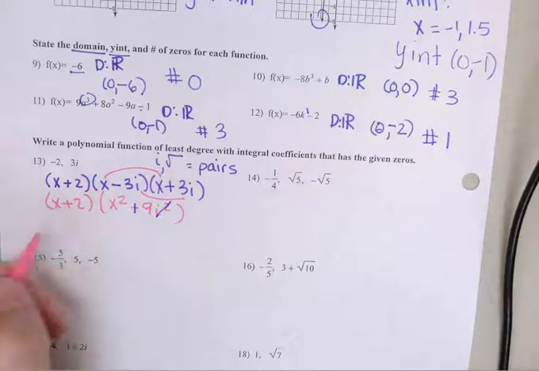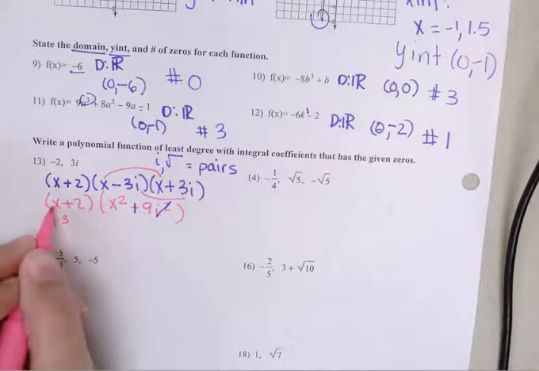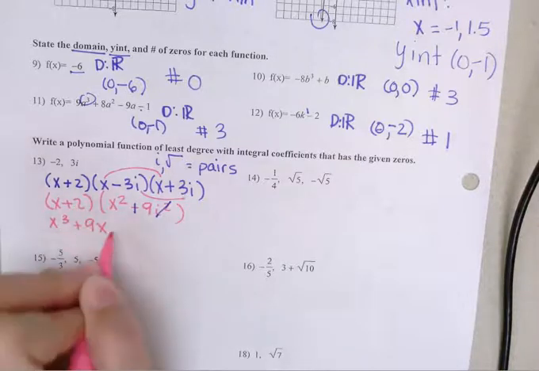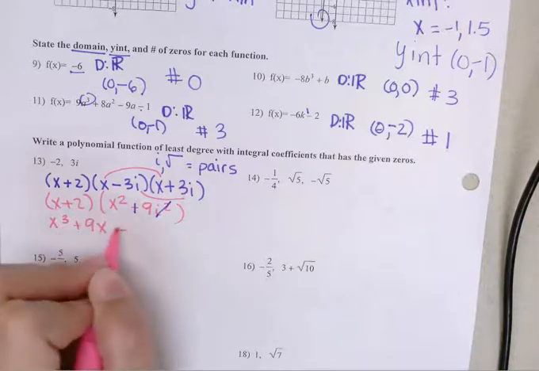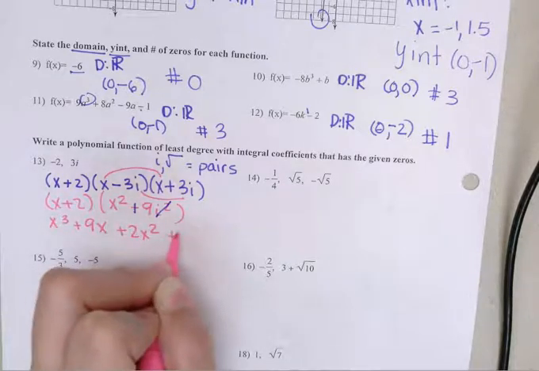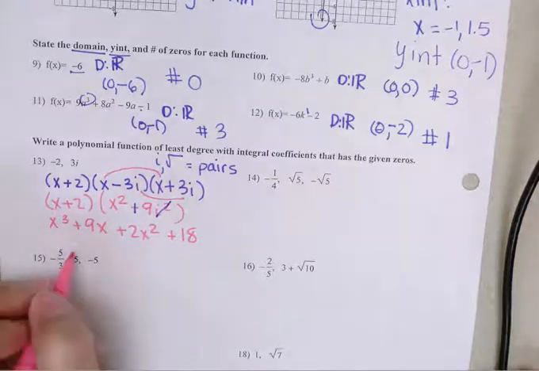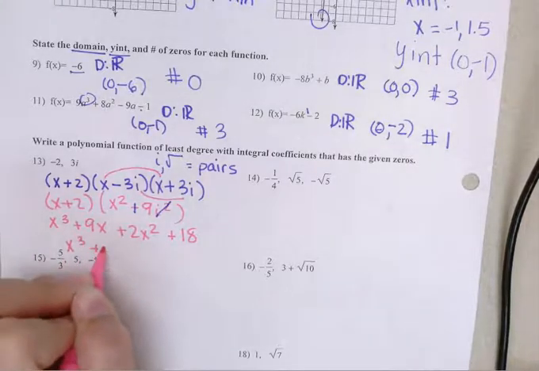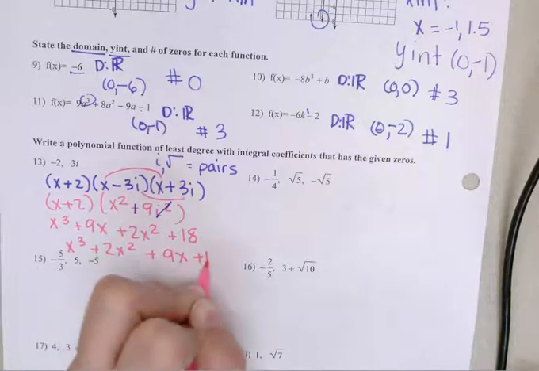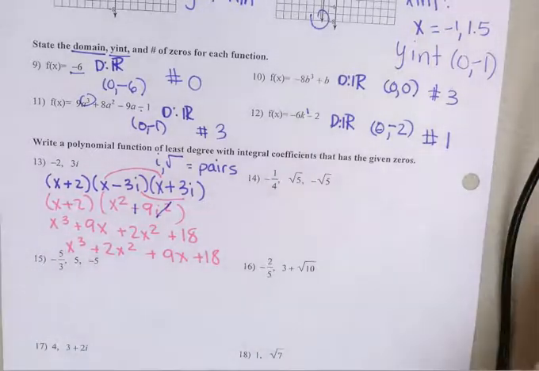X times x squared gives me x cubed. X times 9. X times 2 times x squared. And 2 times 9. Combine like terms if there are any. And I like to write mine in standard form because that's proper. And you're done with that one.